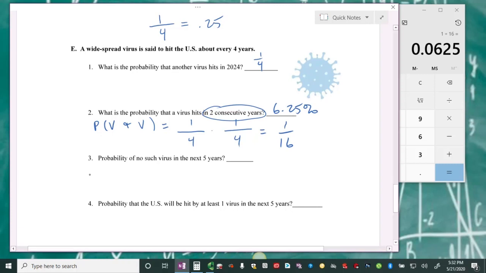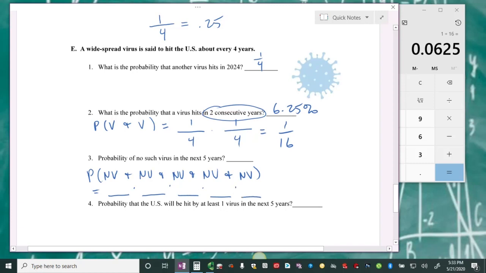As I'm doing this one, it's going to be no virus. I'm going to write NV, and no virus, and no virus, and no virus, 1, 2, 3, 4, one more, and no virus. So I want to put this together as first year without one, second one without one, third year without, fourth year without, fifth year without.